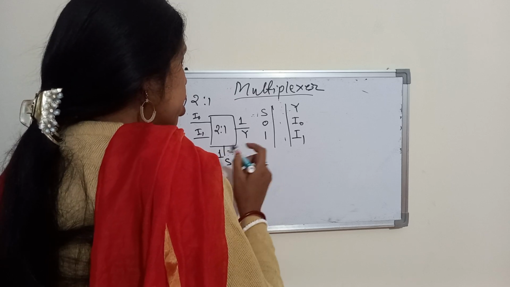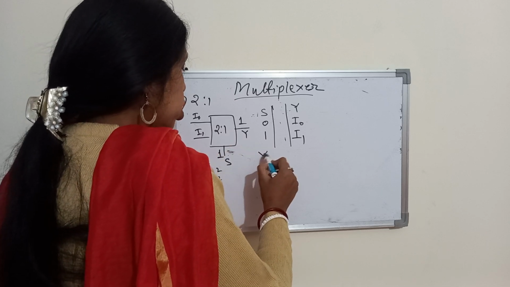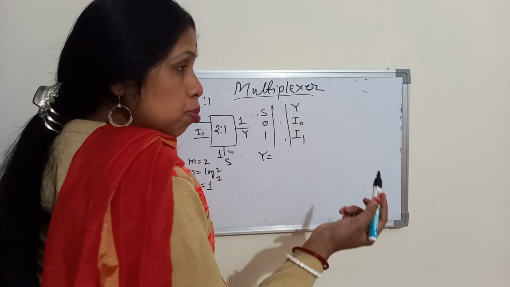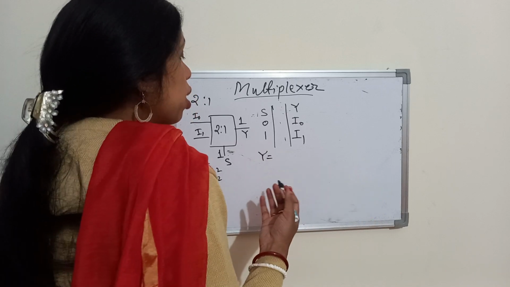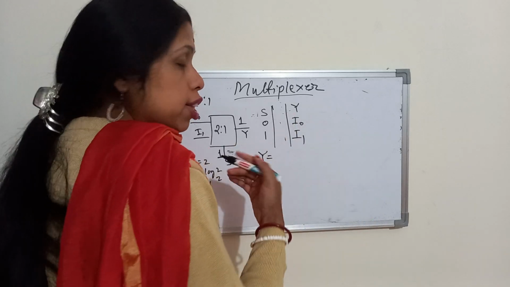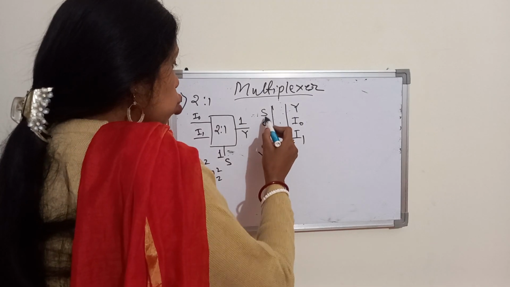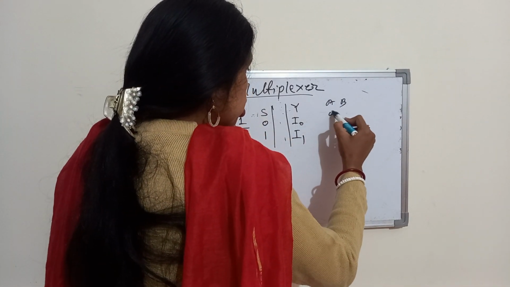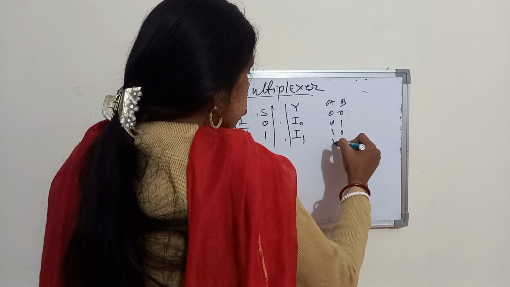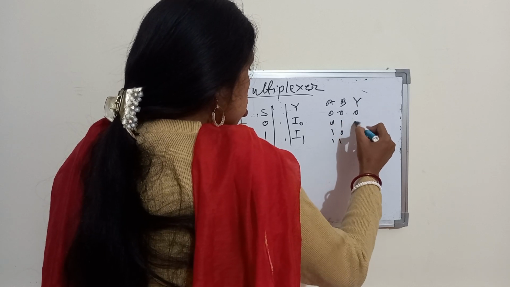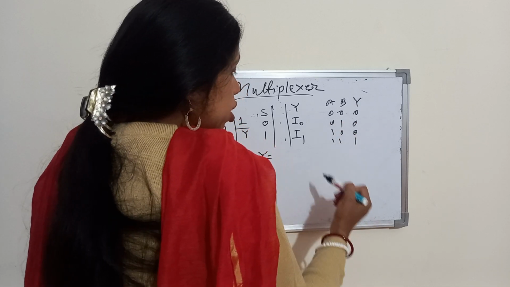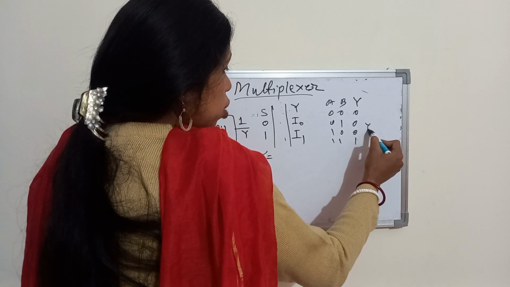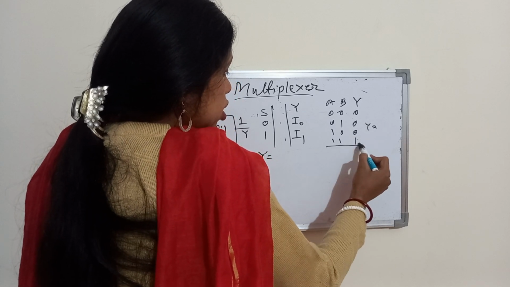So from here I am writing the truth table. What is your Y? The logical expression means the relationship between the output and the input. So S is 0. You want to write the relationship, so you will write these combinations.